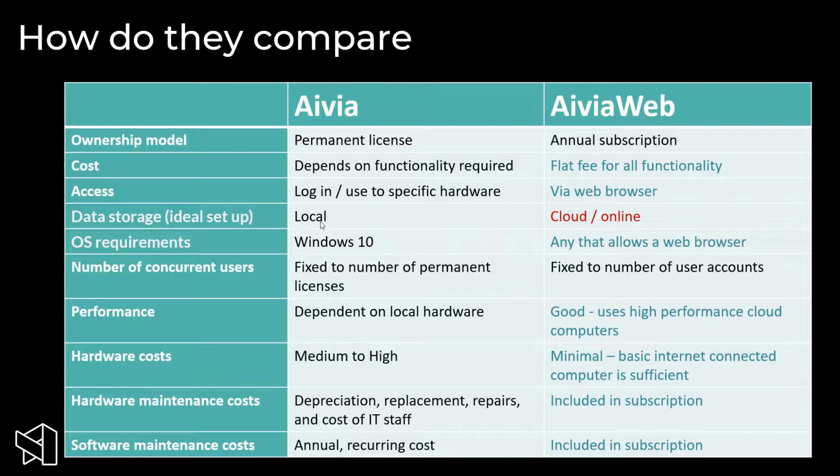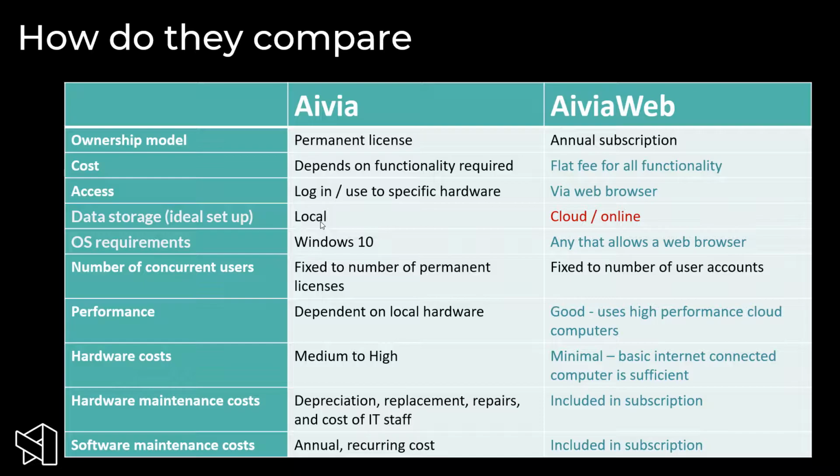But with Aivia Web, ideally the data lives in the cloud so that it can be accessed from within the platform, and it avoids you having to upload large amounts of data and download large amounts of data each time you want to start or finish a session.